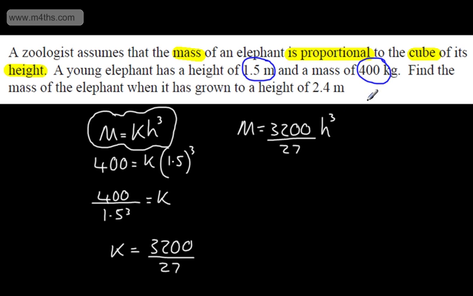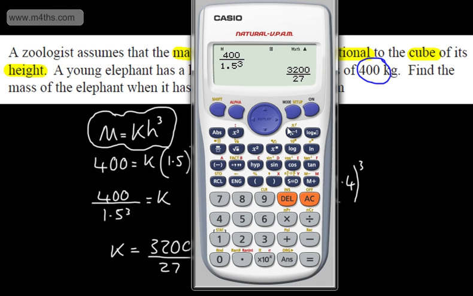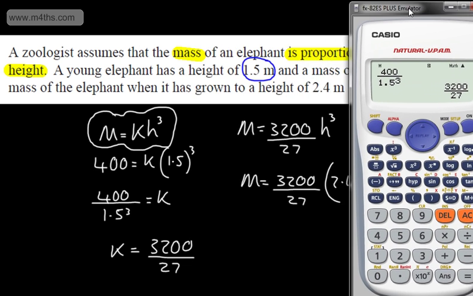So we need to find the mass of the elephant. So we need to find the mass when the height is 2.4. So all we're going to have is the mass will be 3,200 divided by 27 multiplied by 2.4 cubed. So all I need to do is just multiply this answer now. So this answer in here, and I'm going to multiply that now. Let's check I've got all of that in.